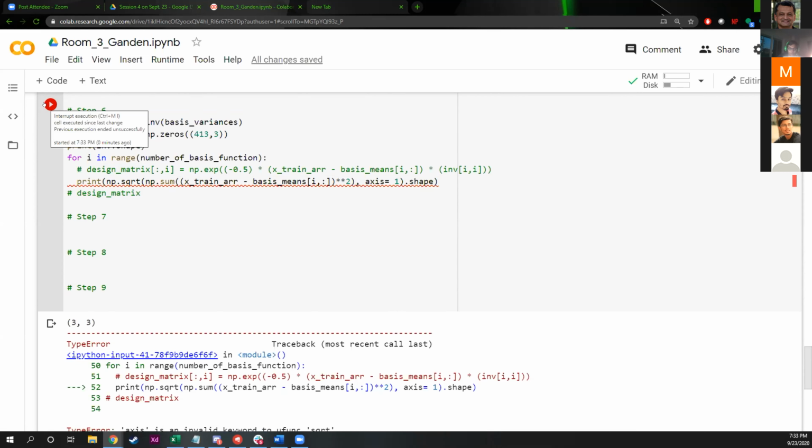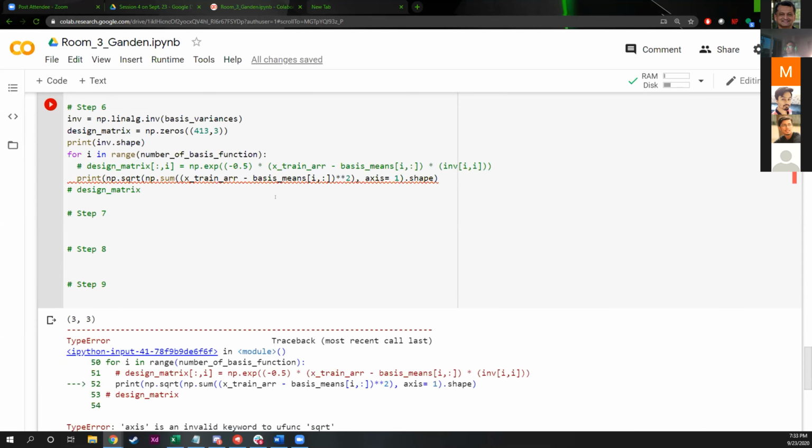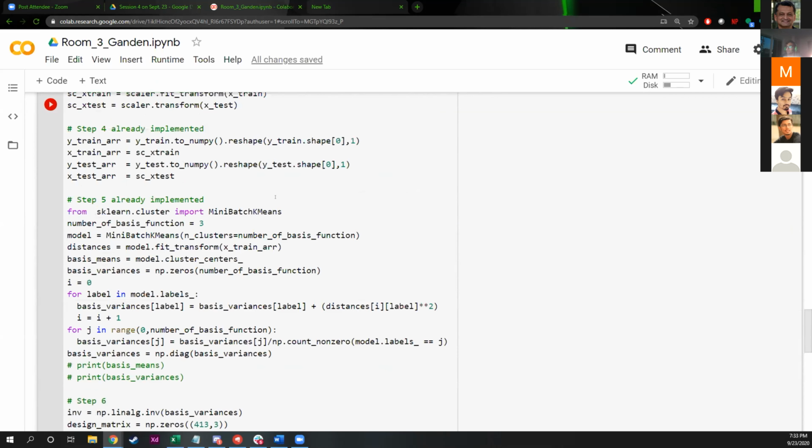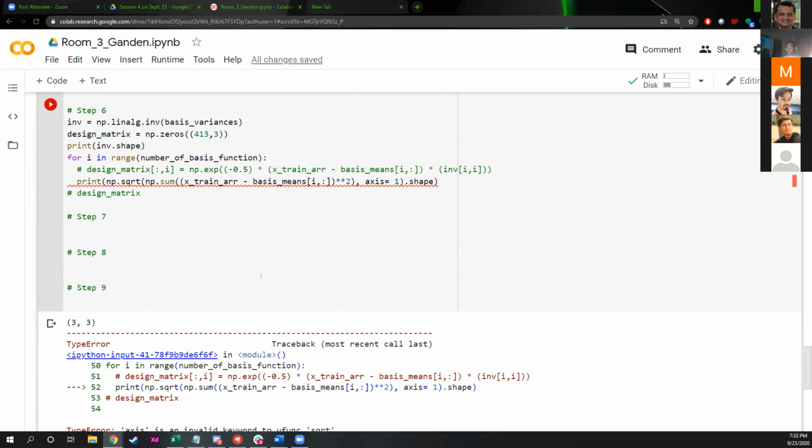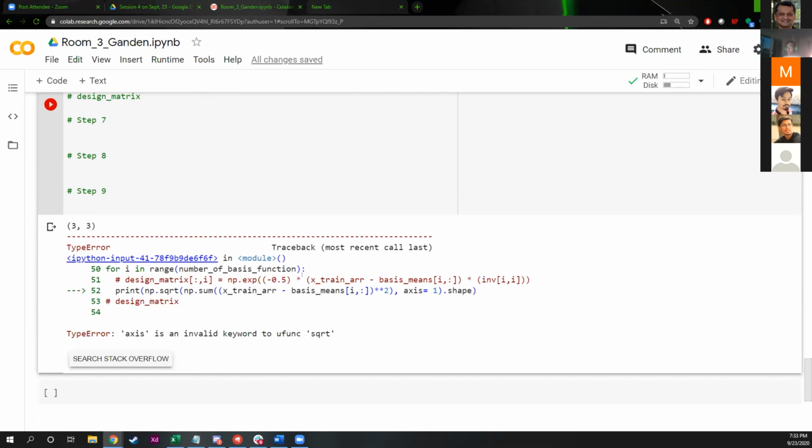Why the error? Can you scroll down just a little bit, to the error? It says invalid keyword to ufunc.